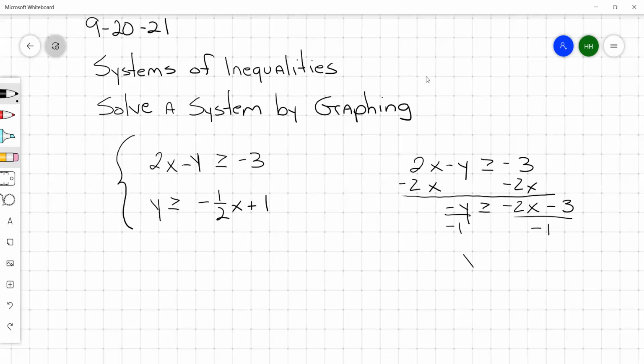And I get y is greater than or equal to. Yep, got to change the inequality. So we're going to go here. And this is 2x plus 3. So we got two equations. We got equation number 1 and equation number 2. Now what we got to do is graph them.